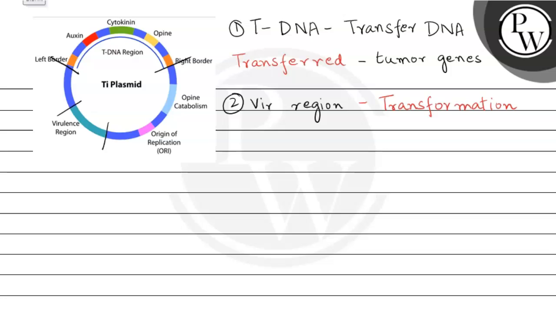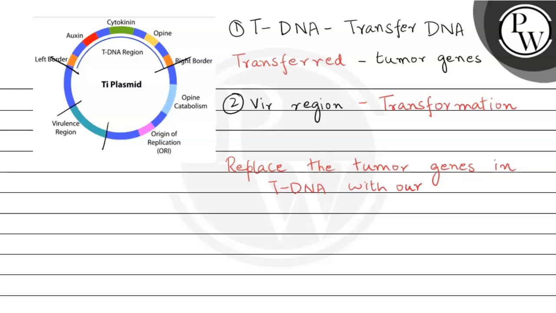Now, how can we use this Ti plasmid for genetic engineering? So what we can do is we can replace the tumor genes present in the tDNA with our gene of interest.